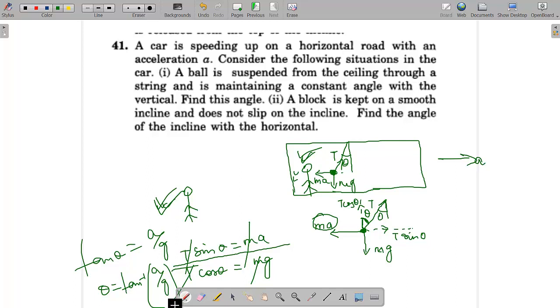Now you see the second question. With respect to the same situation, same.